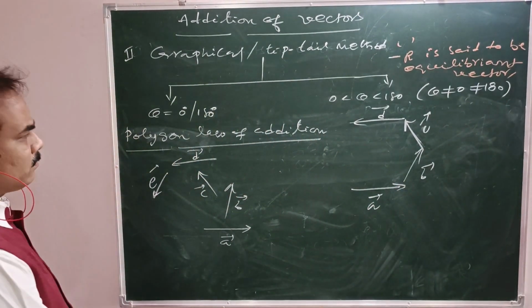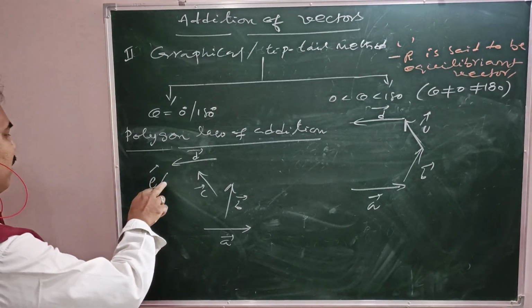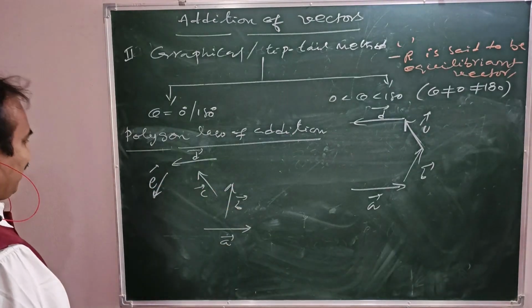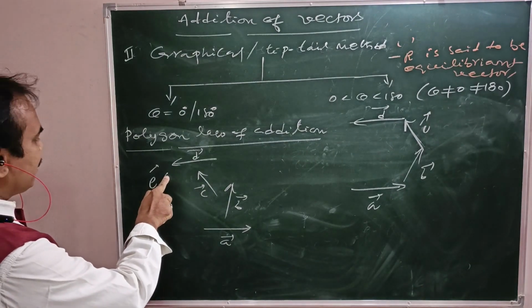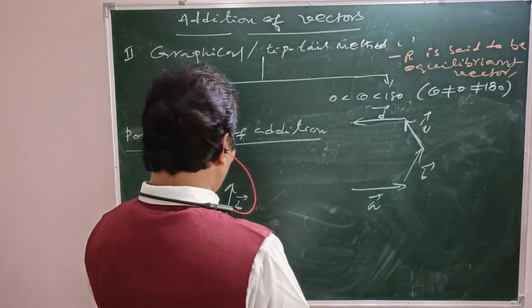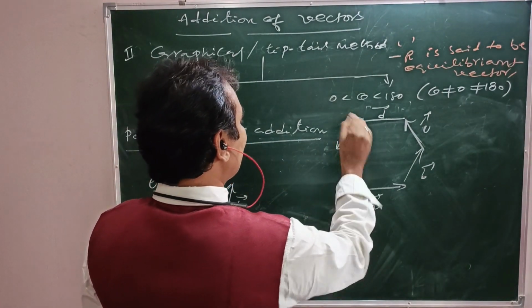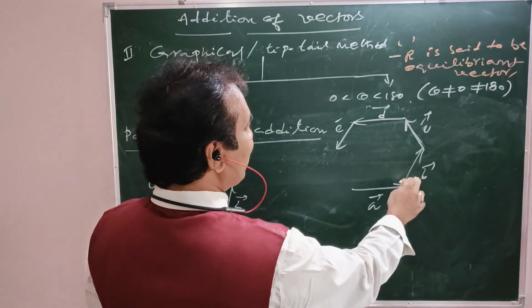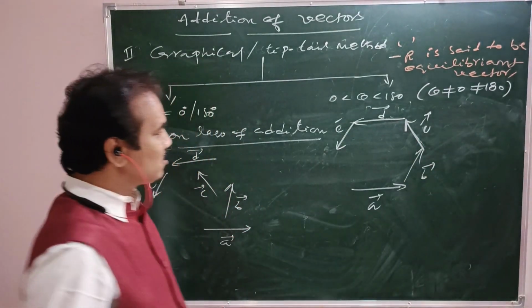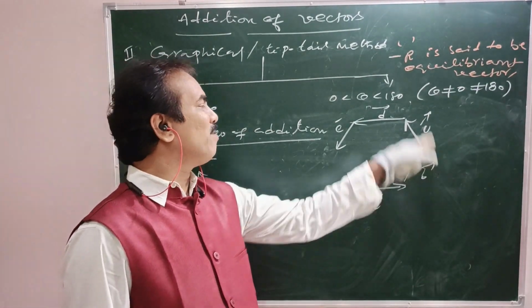Okay. Now what about this final vector? This vector also is to be taken in the same manner, that is the tail of E bar is to be connected with the head of D bar, like that. So A bar, B bar, C bar, D bar, E bar, all the given coplanar vectors are taken in the same order.